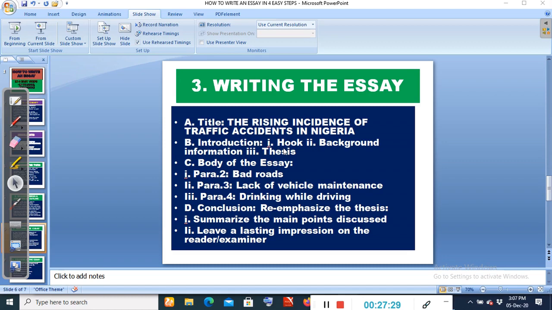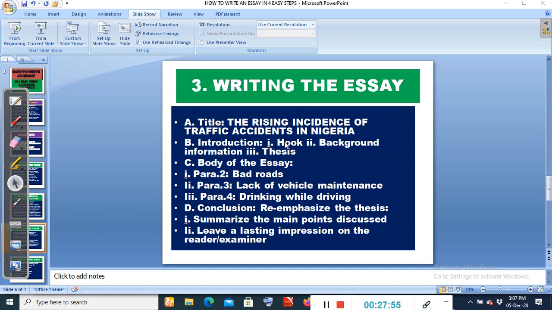That's what will draw the attention of the reader and also hold the attention of the reader. If the reader reads that first sentence and is not impressed by it, he or she may consider the essay unimportant and may decide not to read it. So that is why that first sentence is very important.